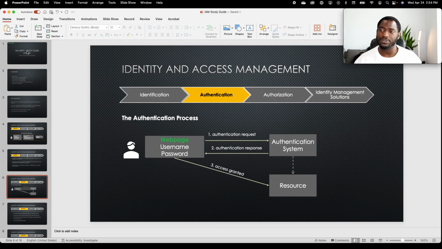Now, the best way to do that is to authenticate yourself against an authentication system. And as you can see here, the first part of the process is the user entering their username and password into a website and then requesting access to that resource.